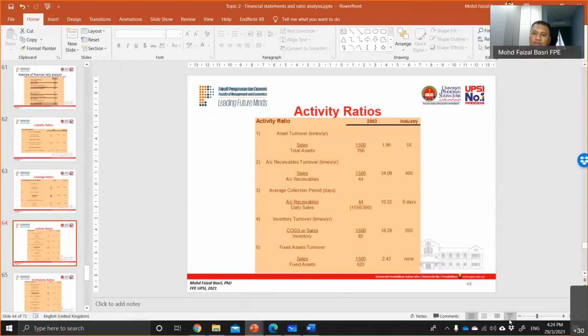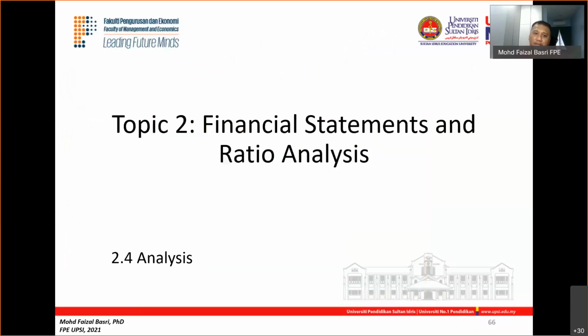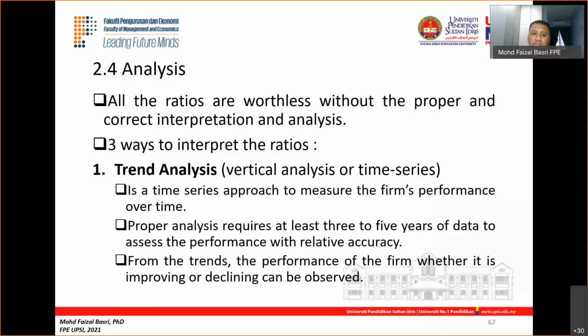Right. To summarize, this topic, the financial statement and ratio analysis, the types of analysis. You will see there are 3 types of analysis. The first one is known as trend analysis. Trend analysis is also known as vertical analysis, and on top of that, also known as time series analysis.